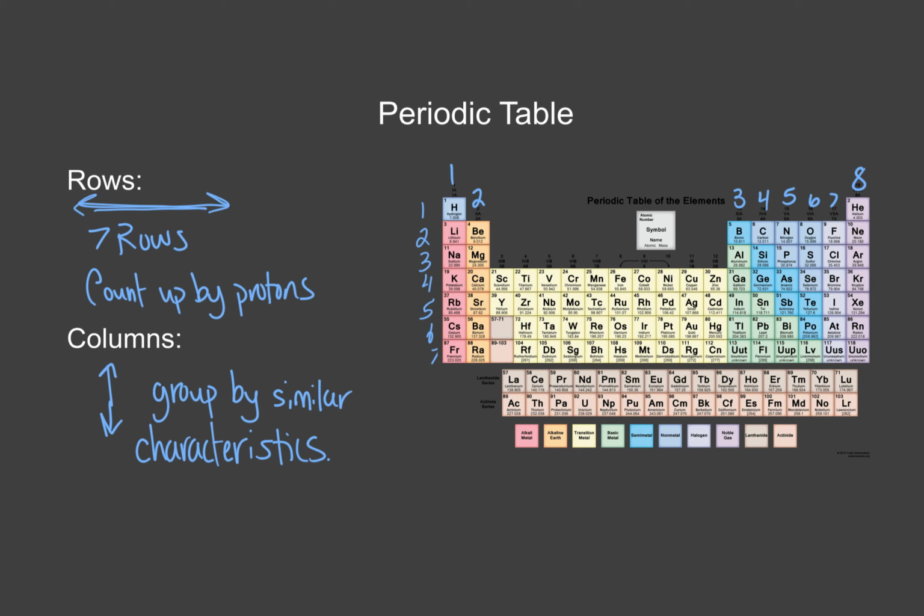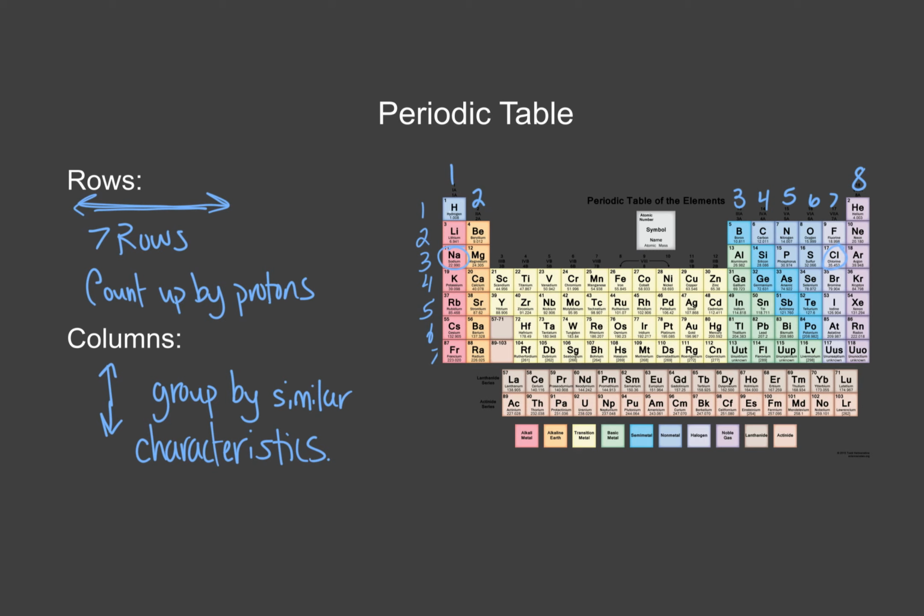So elements from column 1 really like to form bonds with elements from column 7. And for example, sodium readily bonds with chlorine to make table salt. That's sodium chloride. So based on the column properties, we can kind of predict what elements are likely to form bonds and their characteristics. So that's reading a periodic table.